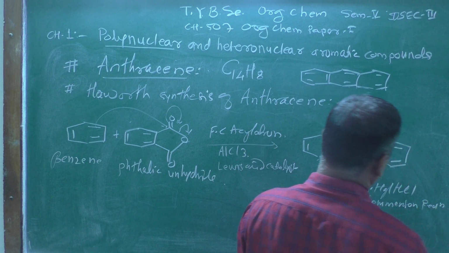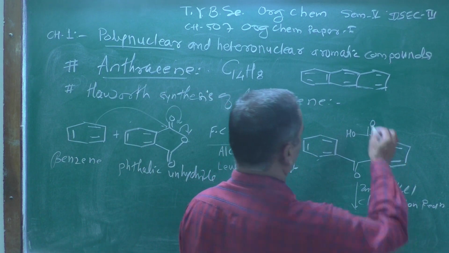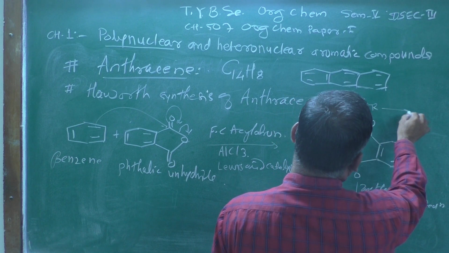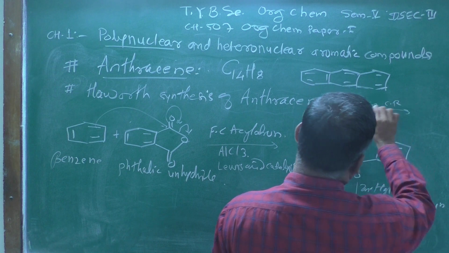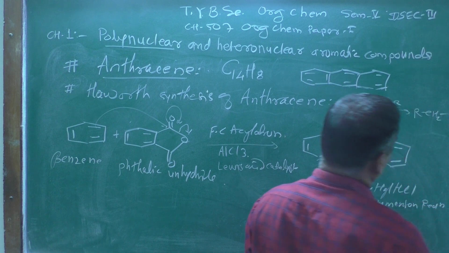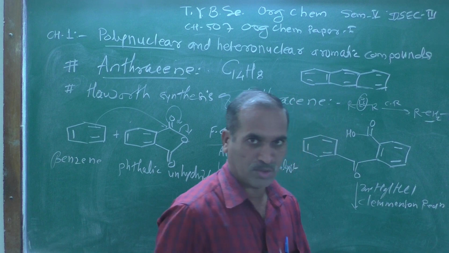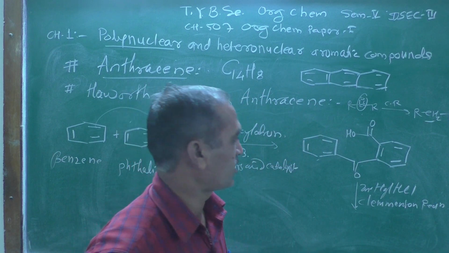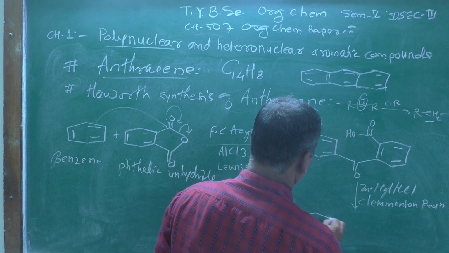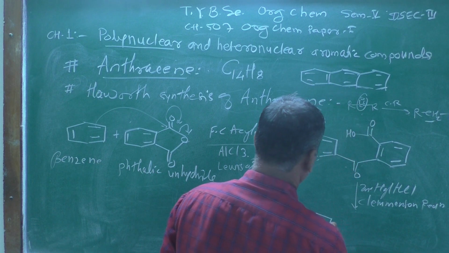What is the Clemmensen reduction? Generally, suppose you have a group C double bond O with R, and Clemmensen reduction is carried out, we are going to get RCH2R. Means the carbonyl group is converted into a hydrocarbon. That is the speciality of the Clemmensen reduction.